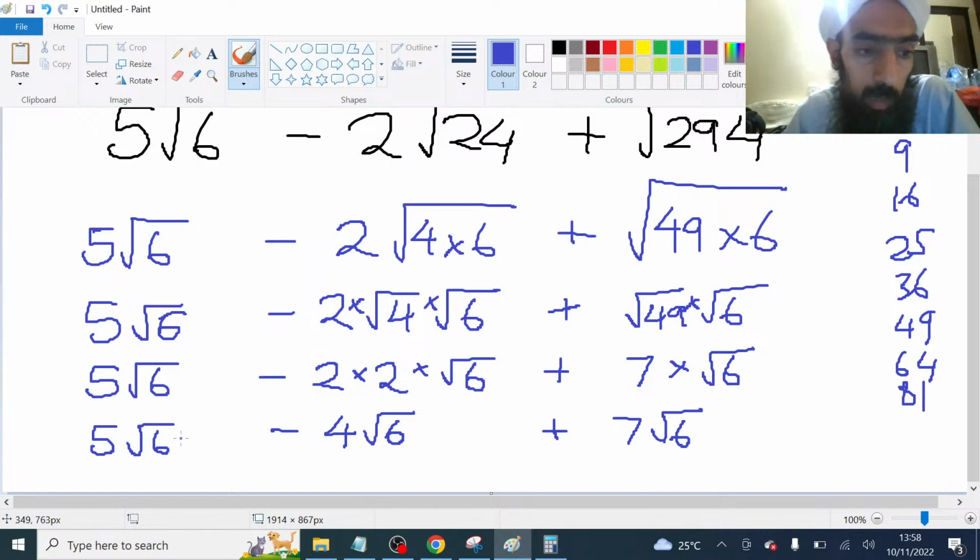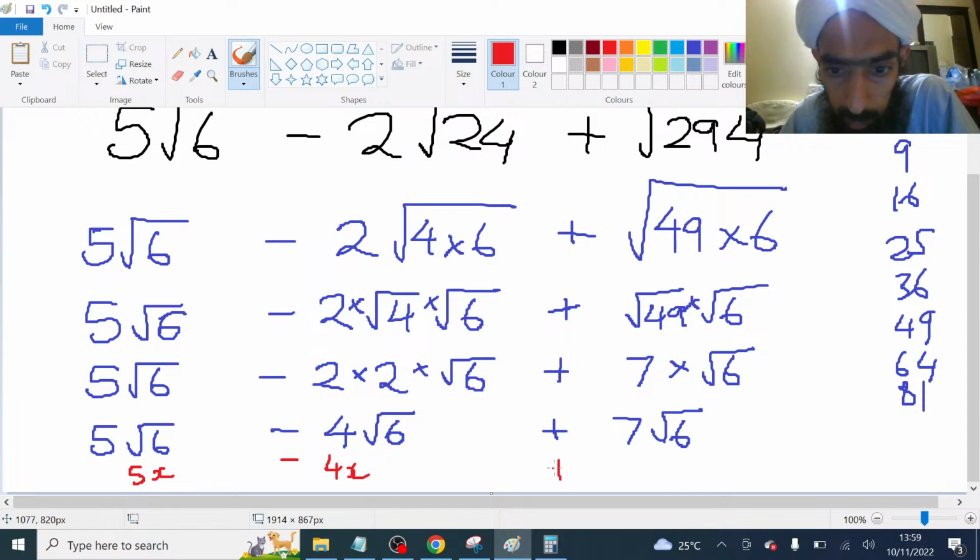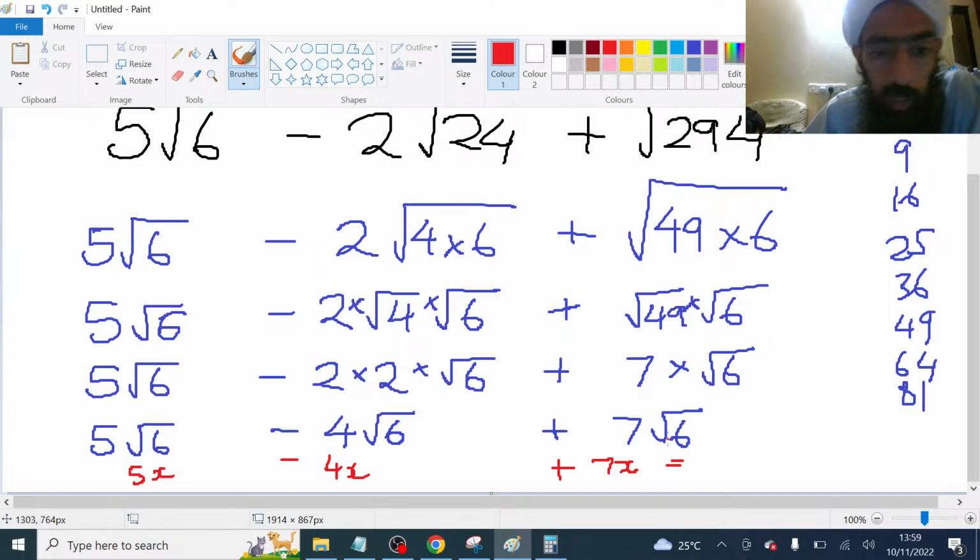Okay, now this is a new rule. Square roots, as long as it's the same number, can just be added, just like x's. So if this question was 5x, take away 4x, plus 7x, then you wouldn't have a problem doing that. That would be 5x take away 4x is 1x, 1x plus 7x is 8x.